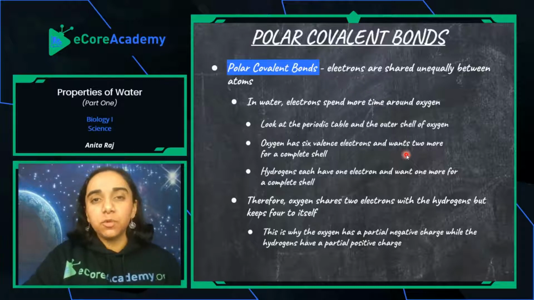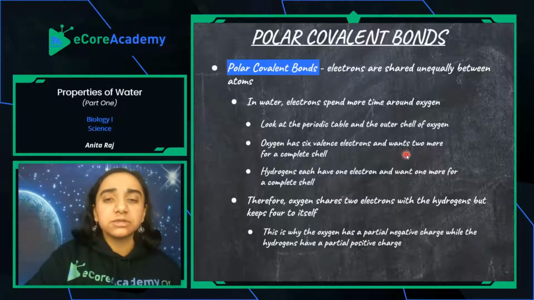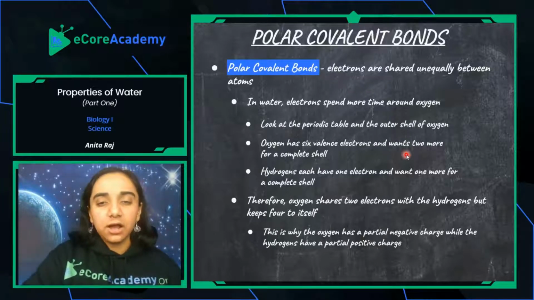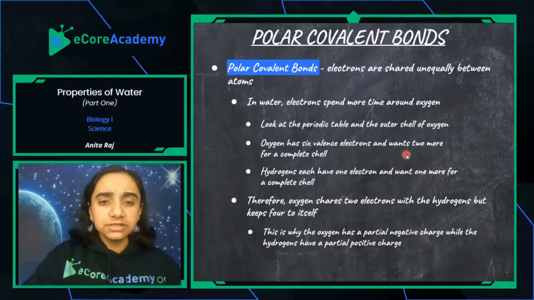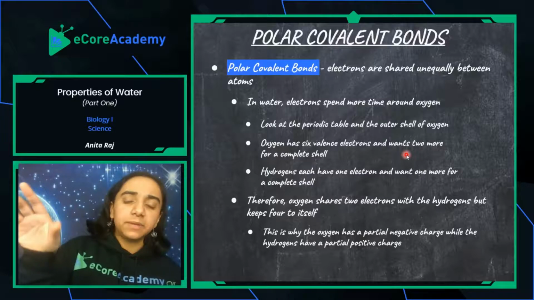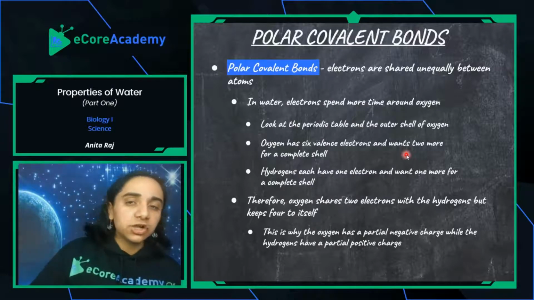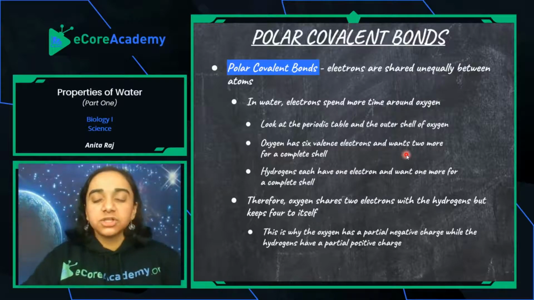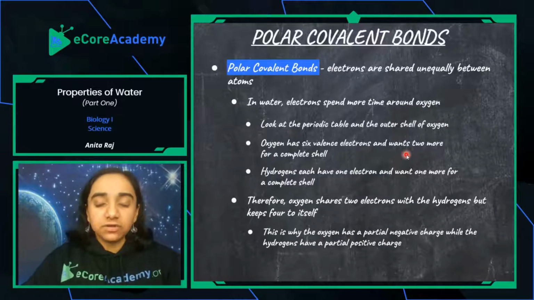It'll result in one atom having more electrons to itself than the other atoms in the bond. So, for example, in water, electrons spend more time around the oxygen. Like we saw in that picture, there were 4 more electrons kept to the other side of oxygen, whereas the hydrogens were on the other side of oxygen, and they were away from those 4 electrons. Those 4 electrons won't go near the hydrogens. The oxygen will just keep those 4 electrons to itself.